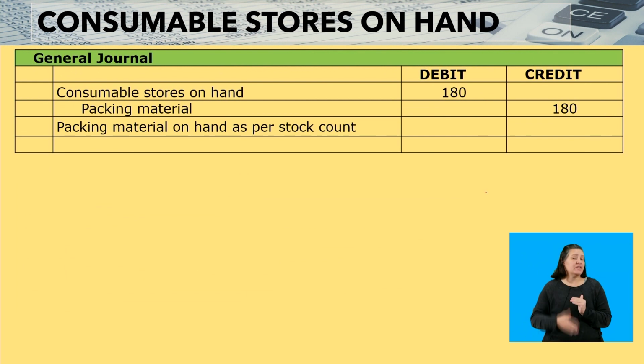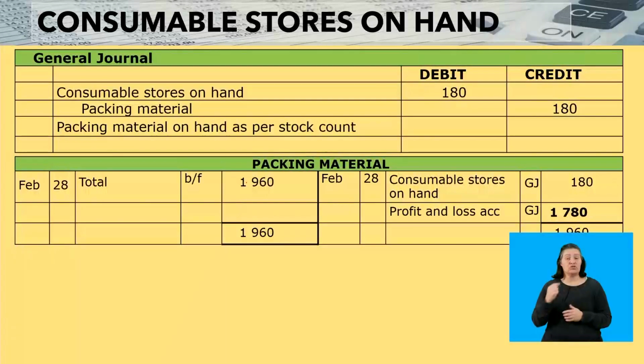After having completed your general journal, it becomes easy for you to post to the general ledger. Let us see how we can do that. In my general ledger, my packing materials is an expense. Therefore, it will increase on the debit side, but it will decrease on the credit side. So I have the total brought forward, 1,960. This is the packing materials that we purchased during the year.